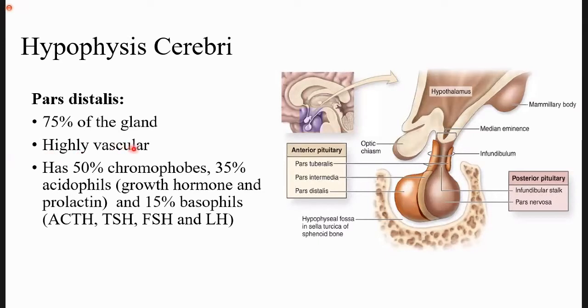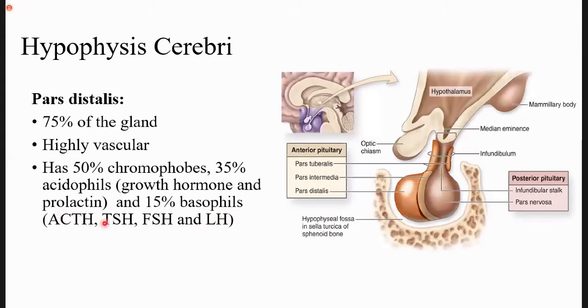It is a highly vascular gland. About 50% of the cells are chromophobes, that is, they stain neither with hematoxylin nor with eosin. 35% are acidophils, and they secrete growth hormone and prolactin, and 15% are basophils, which are concerned with the secretion of ACTH, TSH, FSH, and luteinizing hormone.